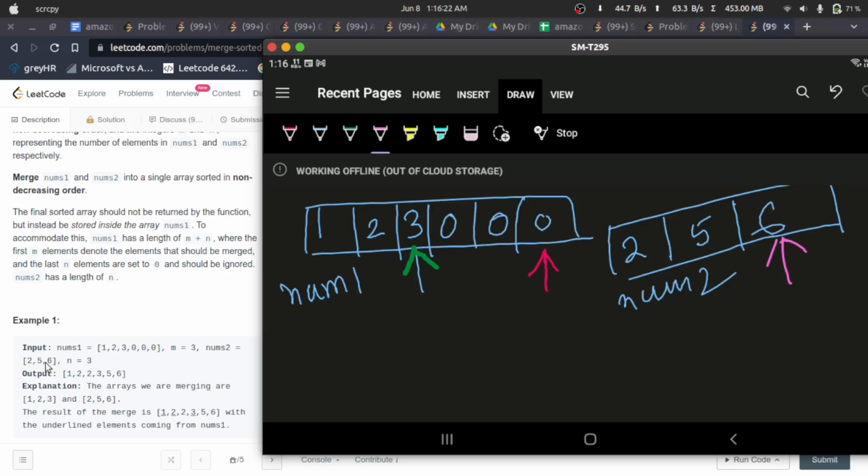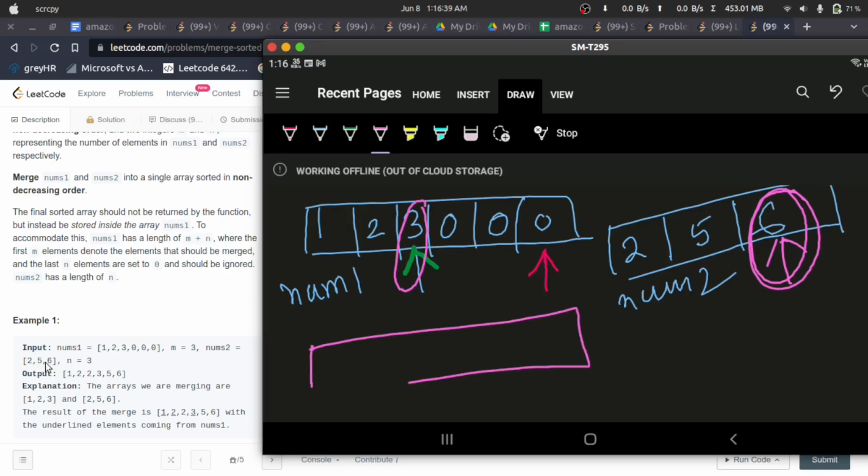I'll have to compare the 3 in nums1 and the 6 in nums2. So which is greater?